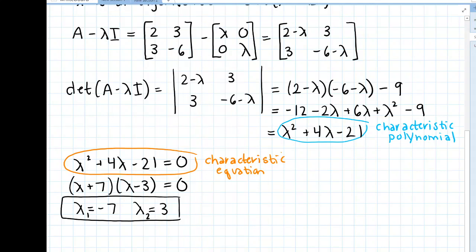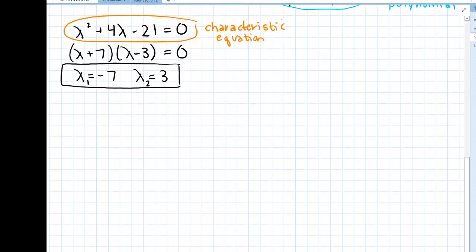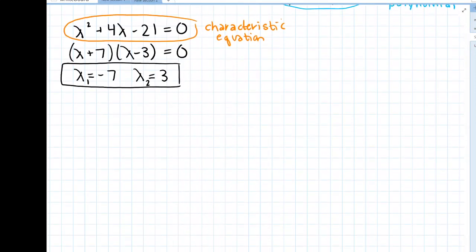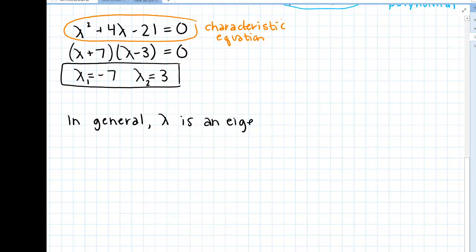Okay, so to summarize here what we did and what is the general case. In general, lambda is an eigenvalue of a matrix A if the determinant of A minus lambda I is equal to 0.